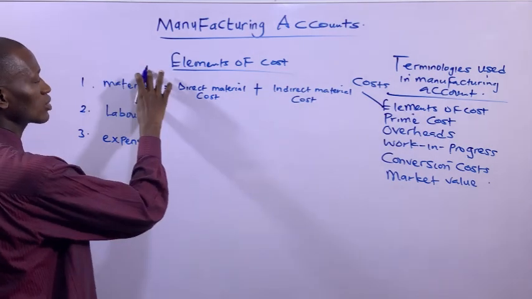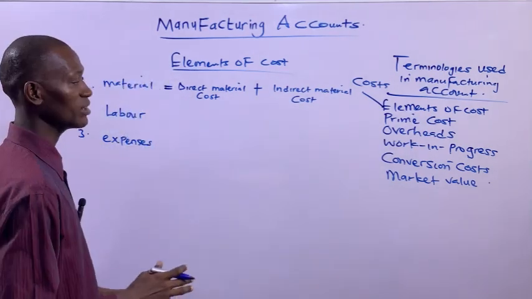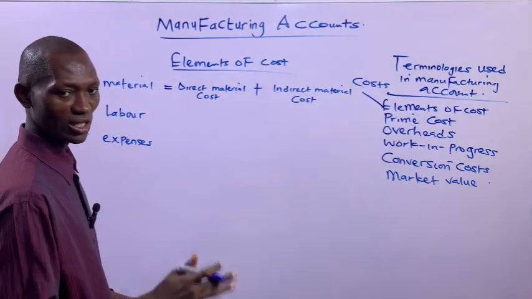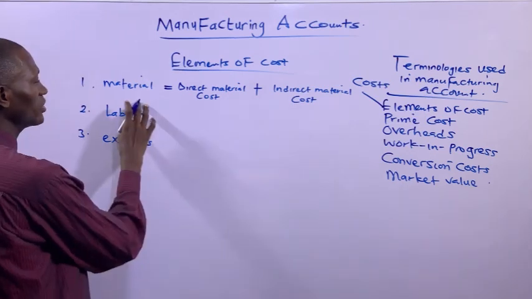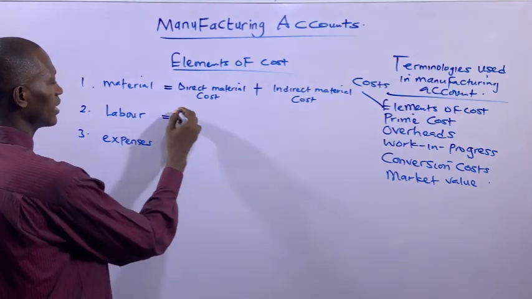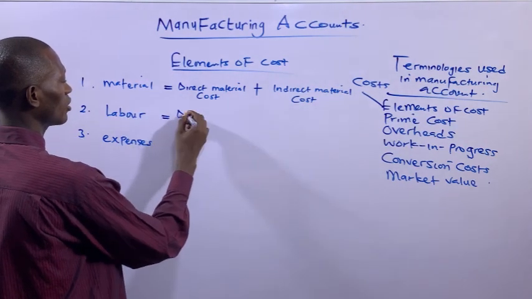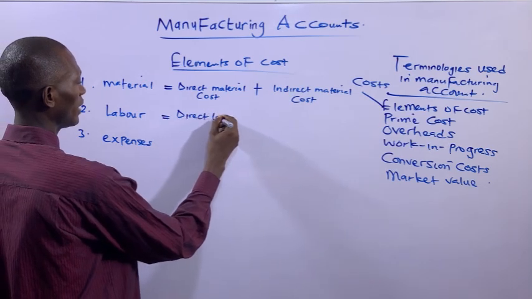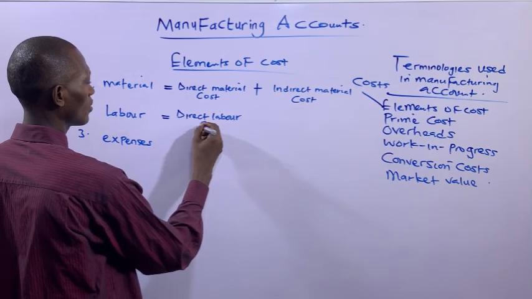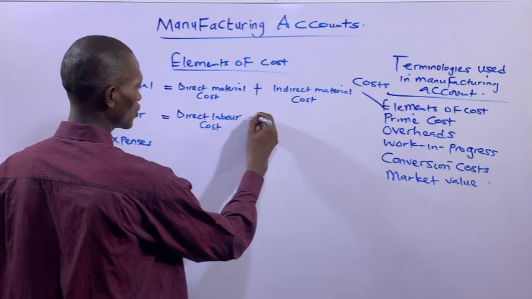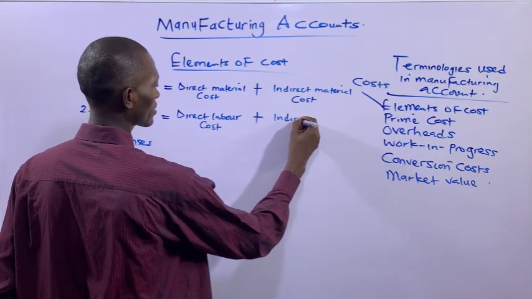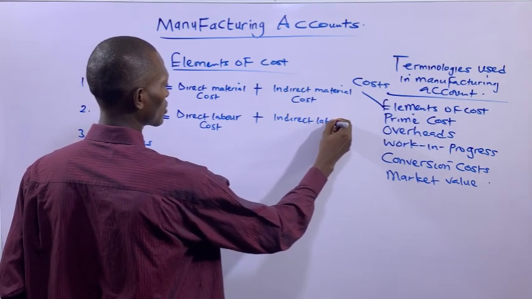So the total cost of material can either be direct or indirect. The same thing, labor costs. Labor costs can either be direct labor costs and also indirect labor costs.